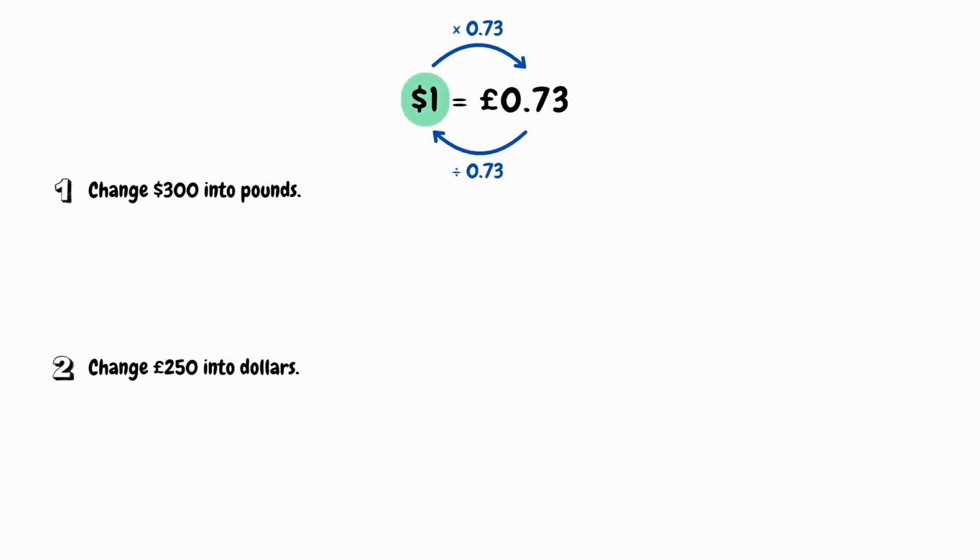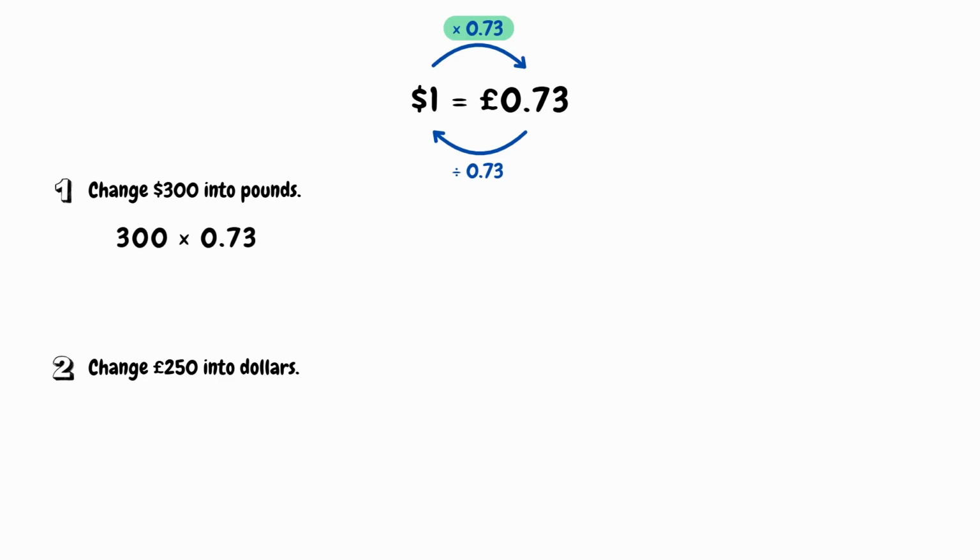So we've got dollars on the left-hand side. We're then going from left to right, so we're multiplying by 0.73, and that will then give us our answer in pounds. So to get from dollars to pounds, we need to multiply by 0.73. So that's exactly what I'm going to do now. I'm going to start with my $300.